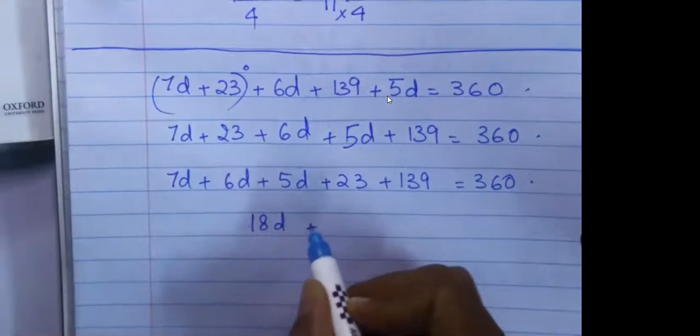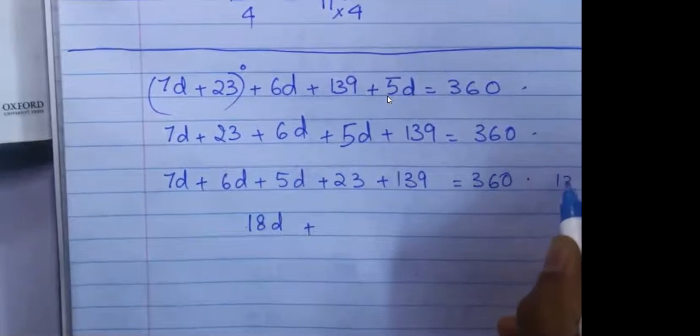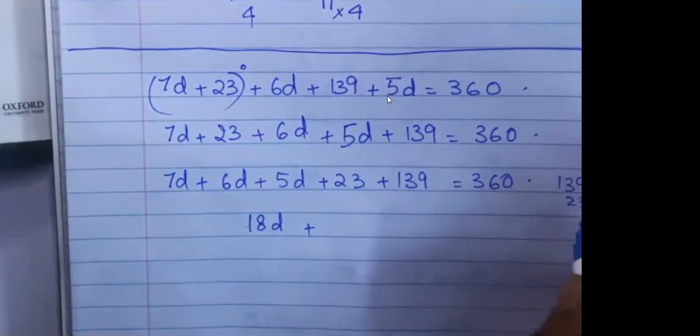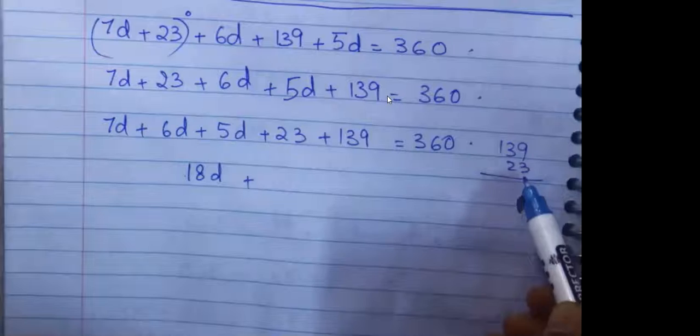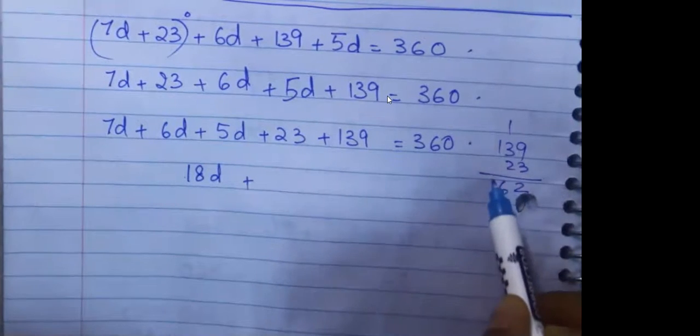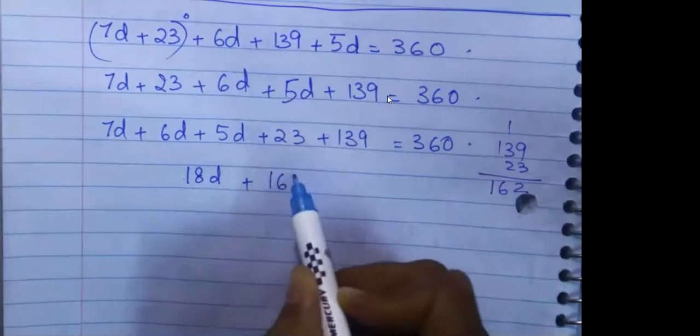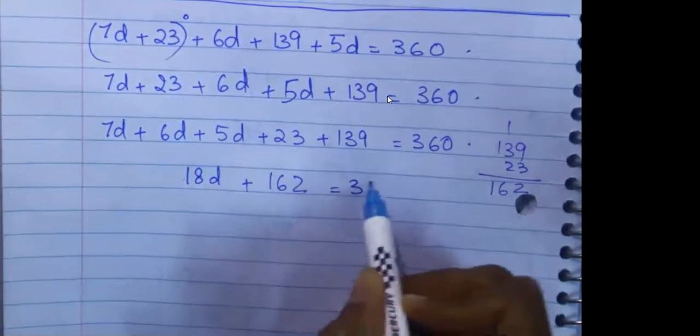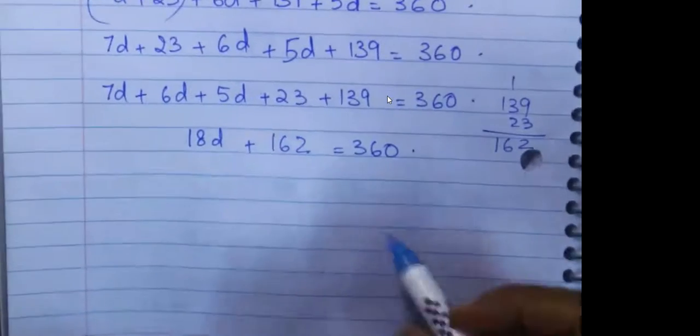Then plus 23 plus 139, which is 162. Teacher, it's 162, right?